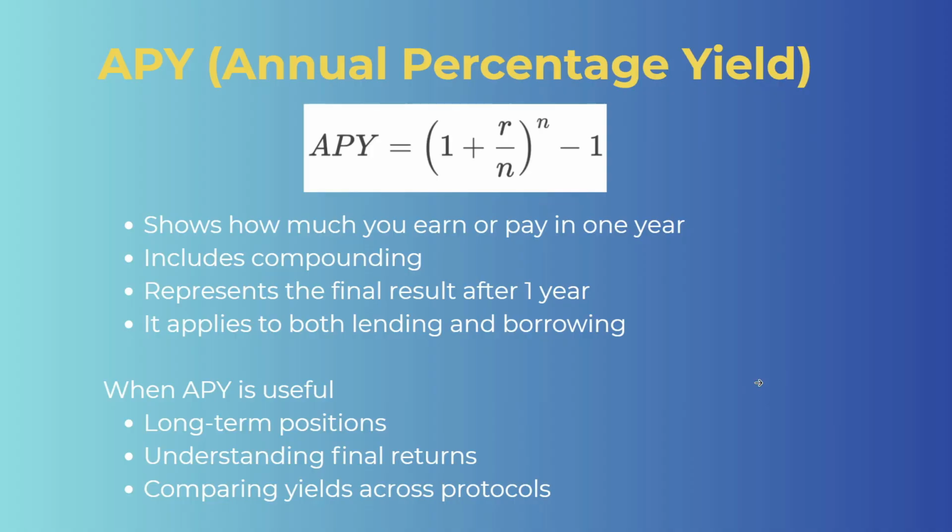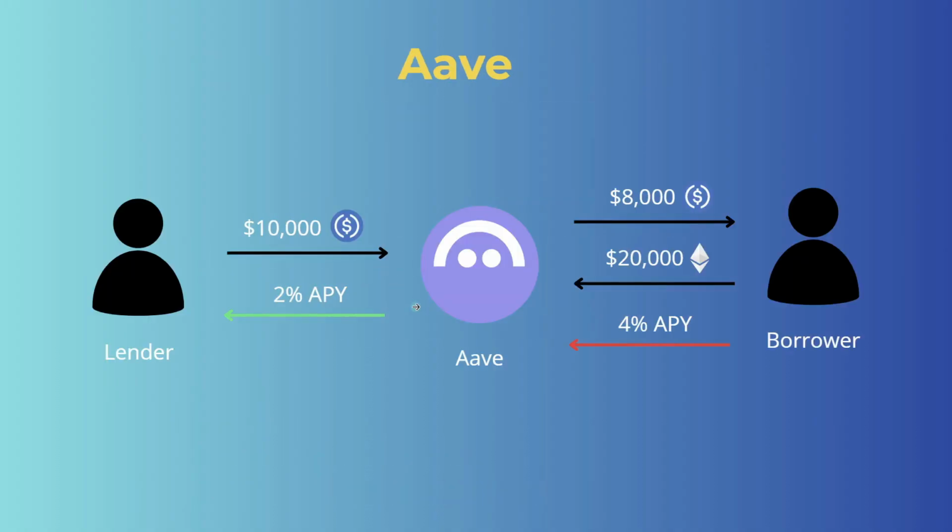Let's start, since we have talked about APY. What is the APY? APY means annual percentage yield, and this shows how much you earn or pay in 1 year. This includes compounding and represents the final result after 1 year. It applies, of course, to both lending and borrowing, as we've seen.